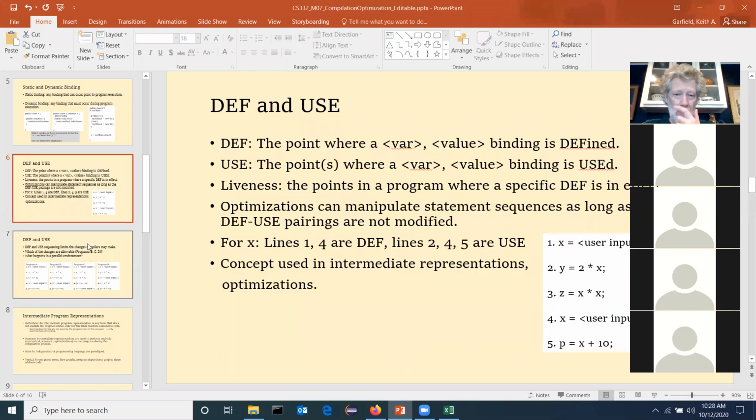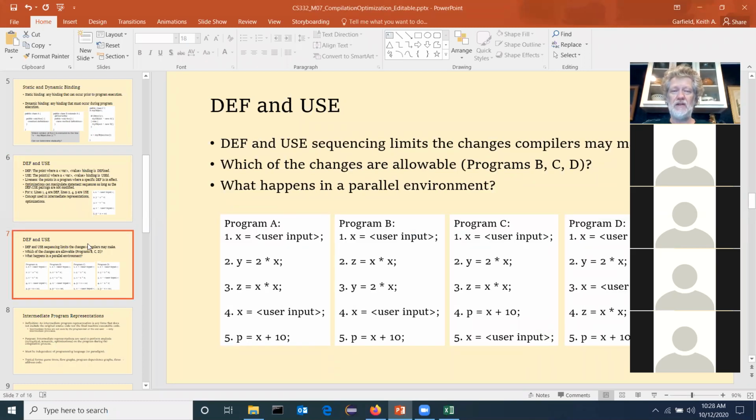Okay. So this notion of def-use is going to be used, and this is why we're talking about it, that the compilers do have to worry about the liveness, and there's actually some more criteria that we'll get into in a little bit. All right, now, in order to get this optimization to occur, some kind of program analysis has to happen, and along the way, that means that the representation of the program will change.